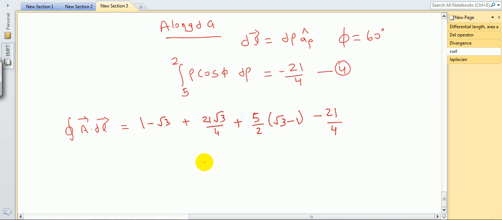And if I solve this, it will come as 27 root 3 minus 1 by 4. This will be the total A dot dl.